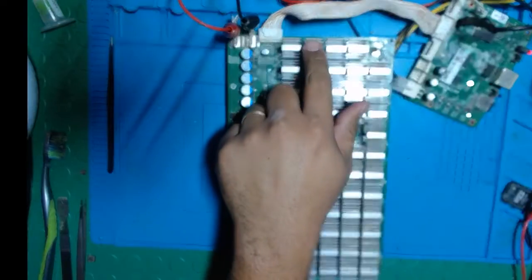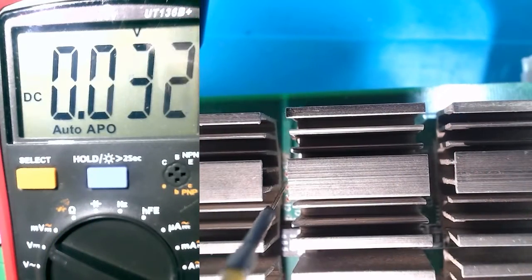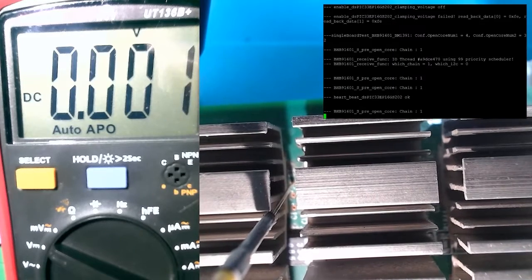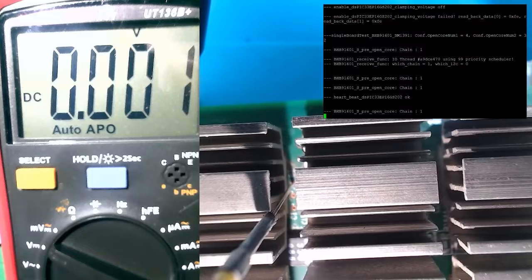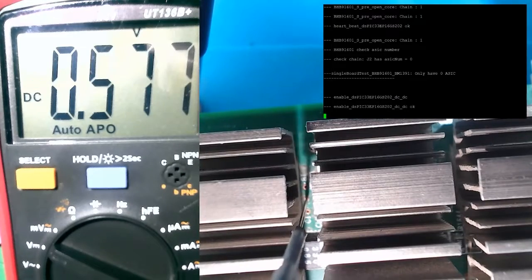So BO signal, it's 0. CO, it's super low, 0.5. No, 1.2.